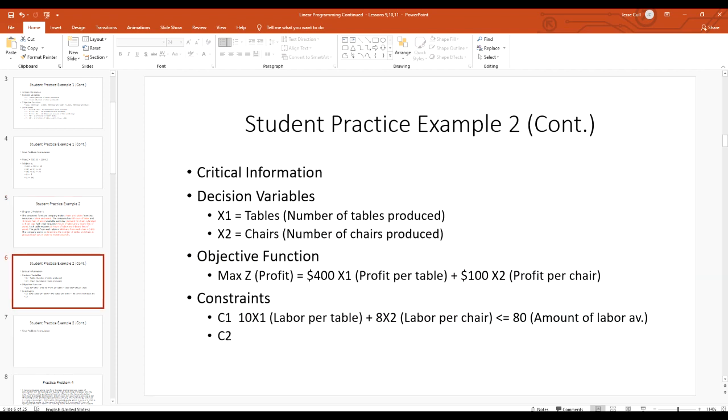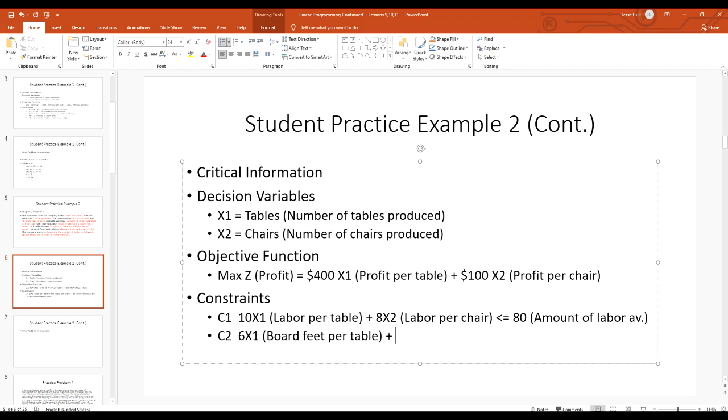So we come back here, 6x1, and that's board feet per table plus 2x2 board feet per chair. We'll make that board feet over here as well as BF, just to save space.